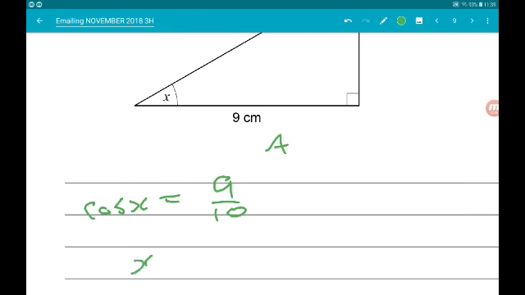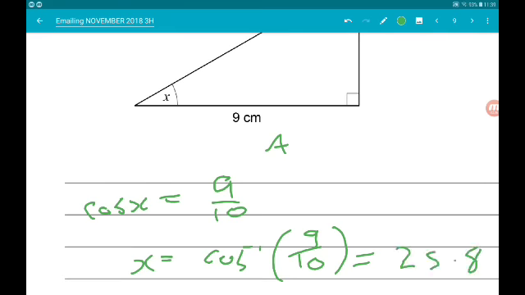So, x is the inverse cos of 9 over 10, and that is going to give us 25.8 degrees. So I would always go to 1 decimal place just to be safe.